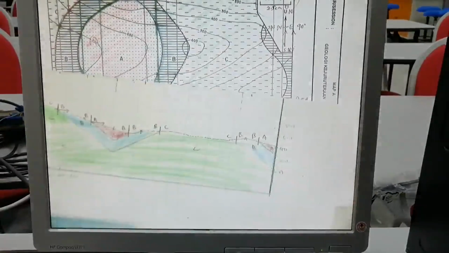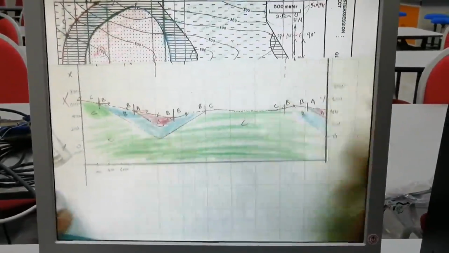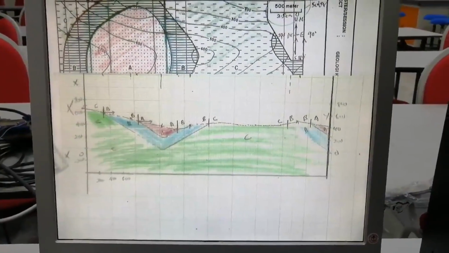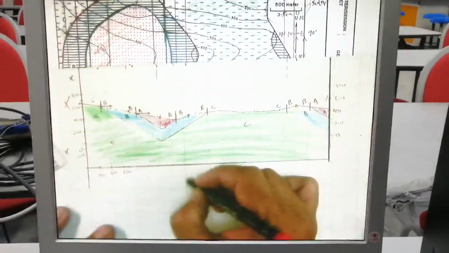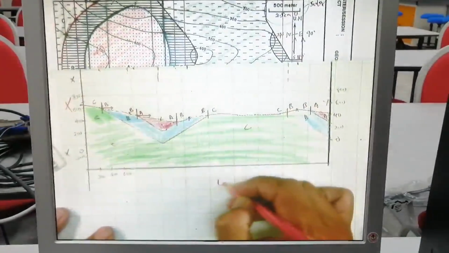And we have a beautiful cross section between X and Y. This one X and Y here. So what I need from you is this cross section and legend. Yes, we have to draw the legend.